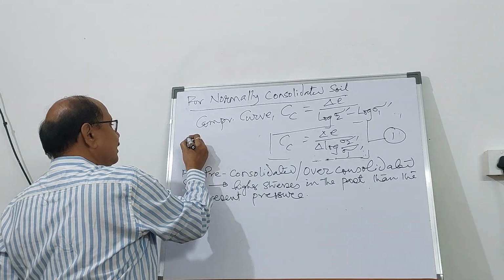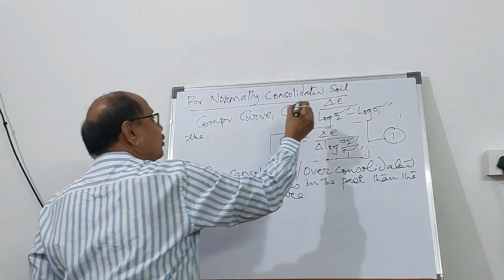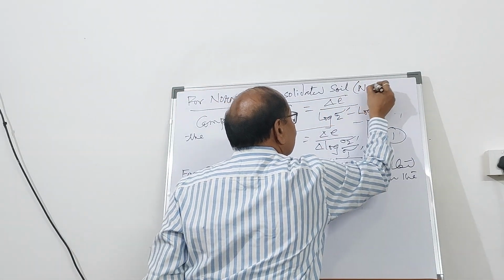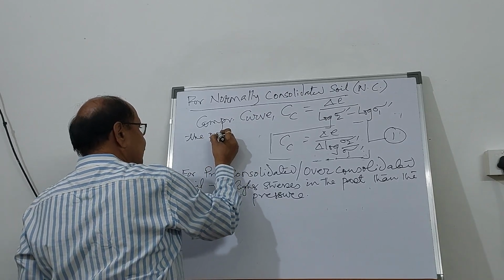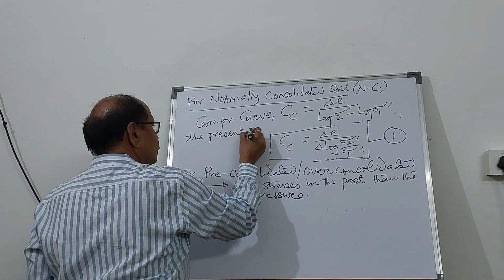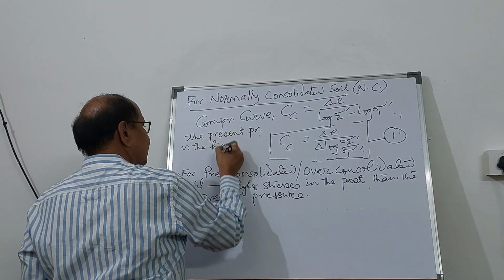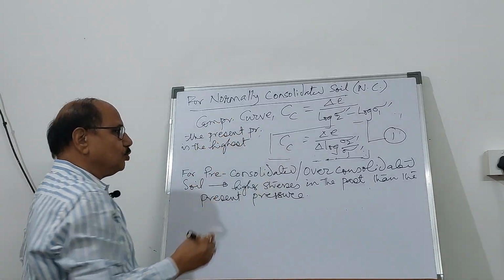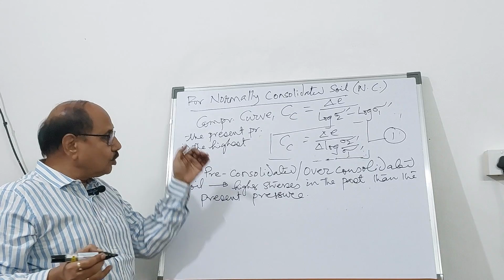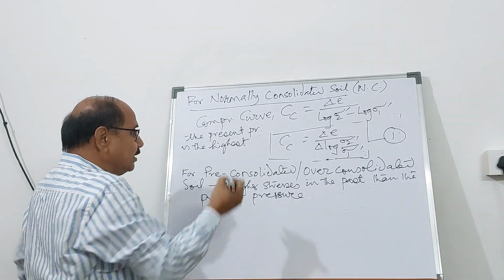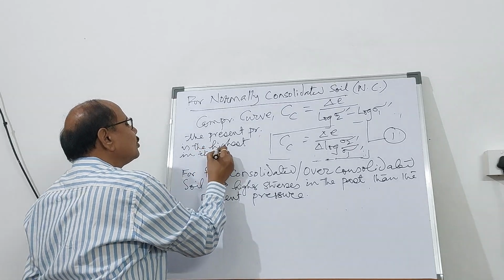Whereas here, the present pressure for normally consolidated soil, which we also call NC soil, is the highest. It has not been subjected to a pressure greater than the present pressure. So the present pressure is the highest in its stress history.